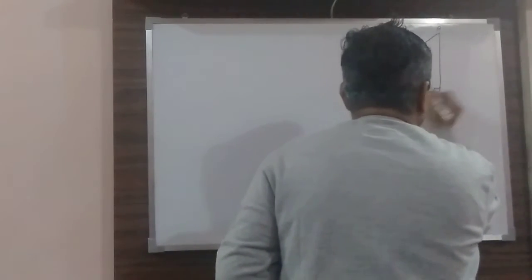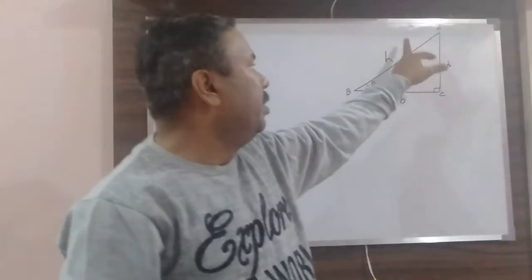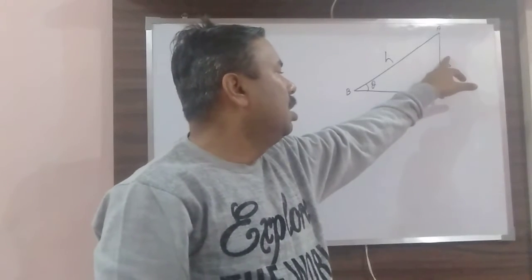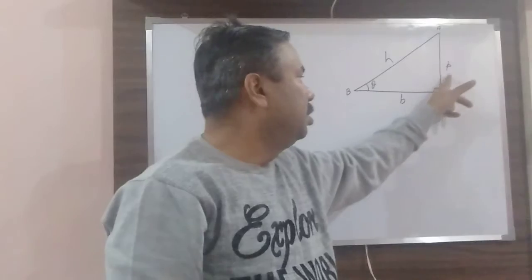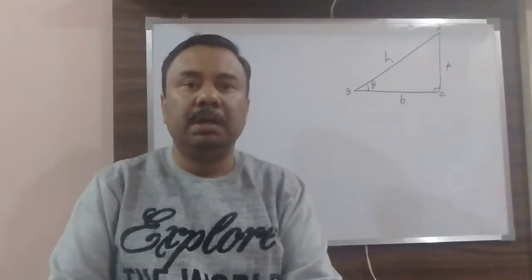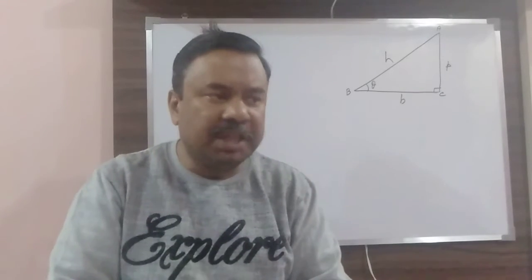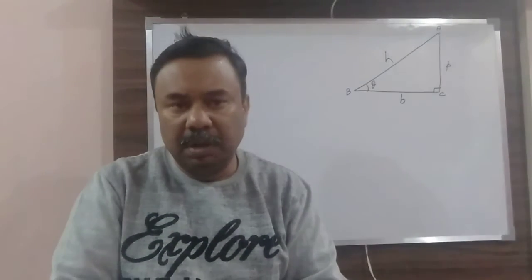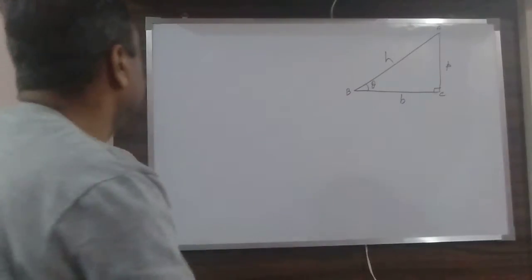One combination will be between these two, other combination between these two, and the third combination between these two. And all those combinations can be reversed also. So there are 6 permutations out of these 3 sides. Okay, so I will take first.